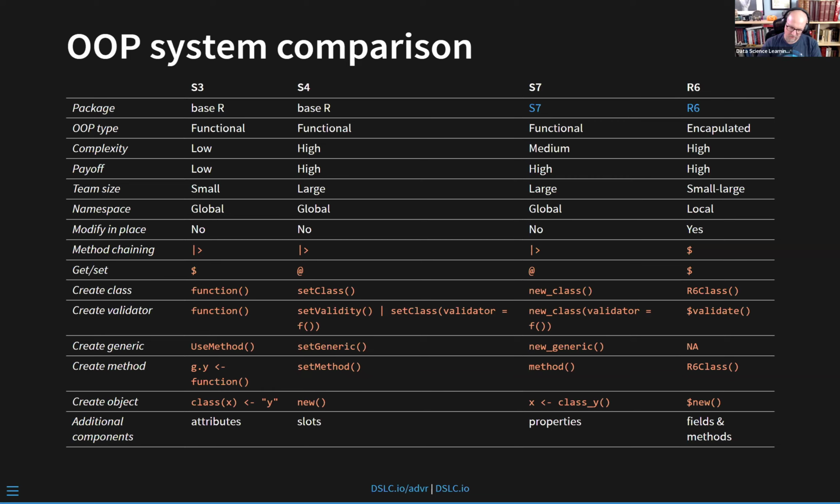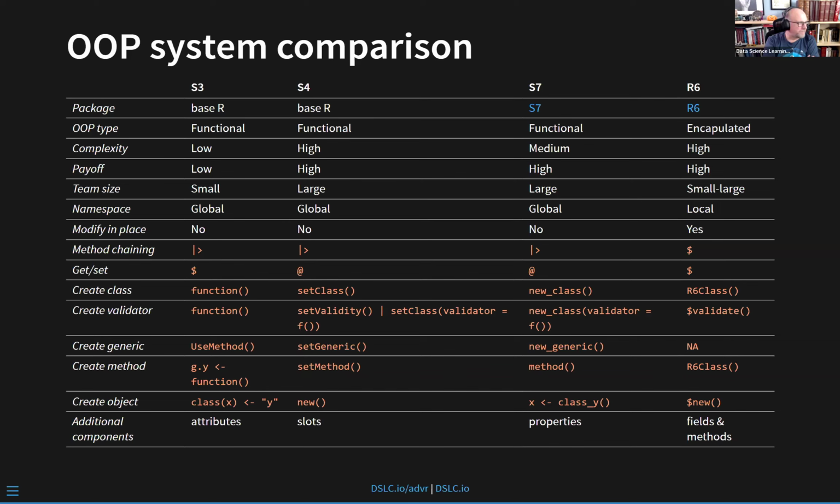Yeah, I think I had forgotten about calculated and dynamic properties in S7 until I was preparing the stuff a couple weeks ago. S7 can have that same kind of idea effectively.